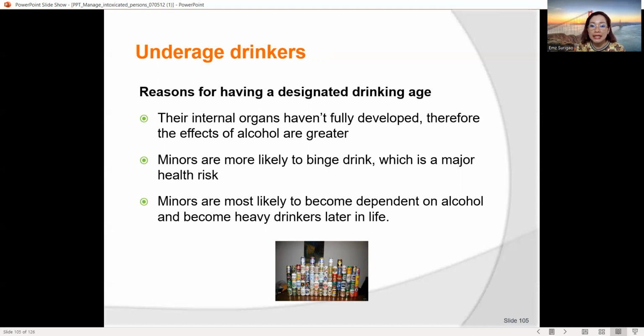Minors are more likely to become dependent on alcohol and become heavy drinkers later in life. So if they start drinking at a younger age, they are most likely to become a drinker or alcoholic at a later age.